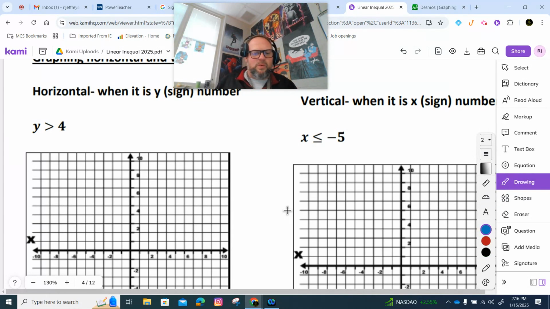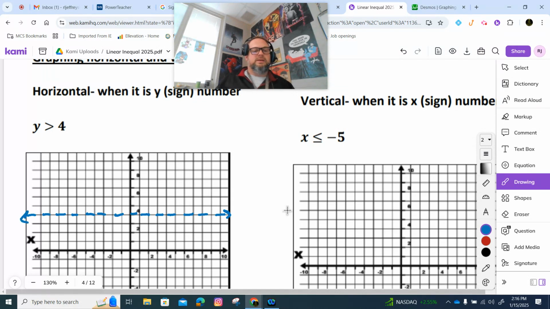So this is all my Y values. Now, is this going to be solid or dotted? Dotted because it's no line. So this is 1, 2, 3, and 4 is right here. So dotted. See how all the Y values are marked at 4?